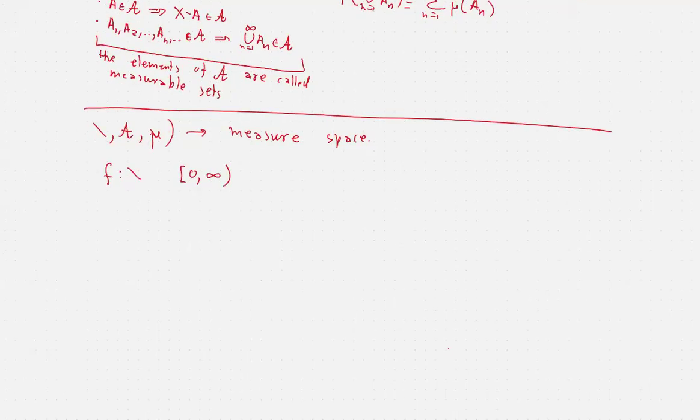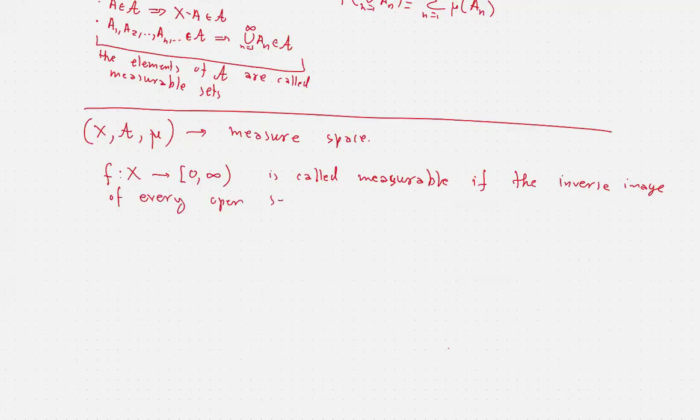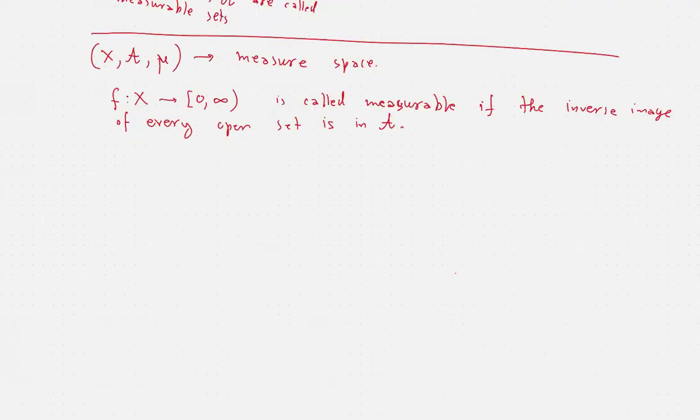And it's called measurable if the inverse image of every open set is in A. If that's true, then one can define in an unambiguous way the integral of f with respect to the measure mu on X. And this ends up being a number which can be allowed to be an infinite number.